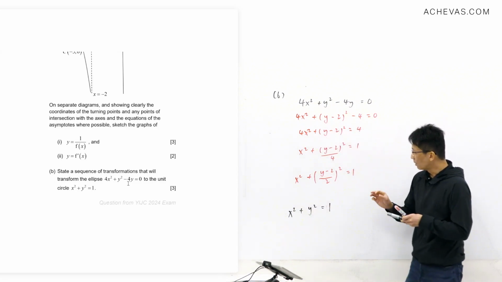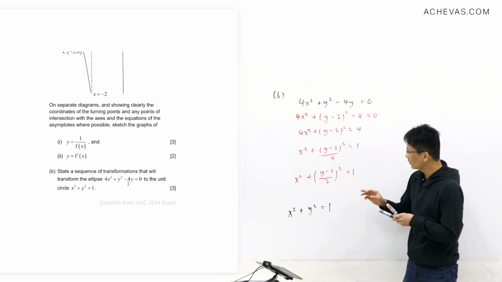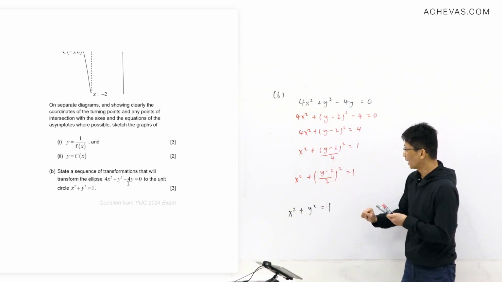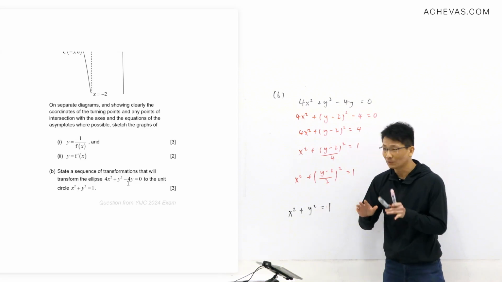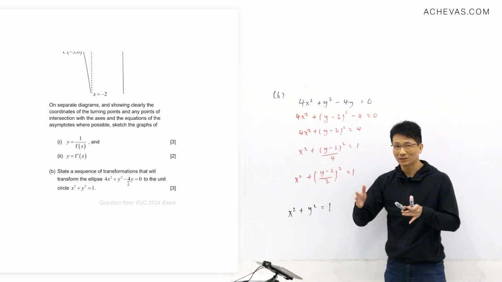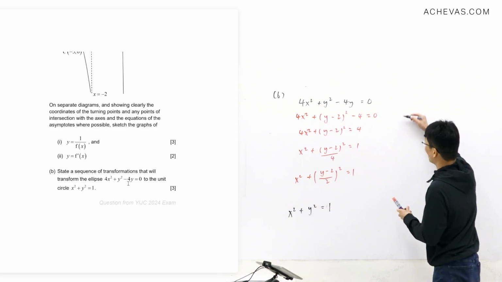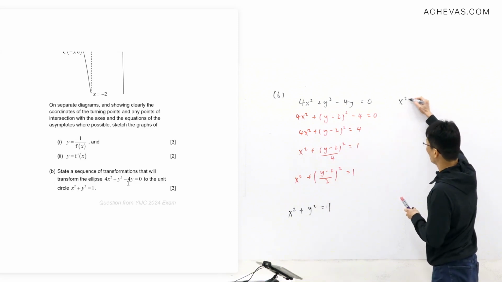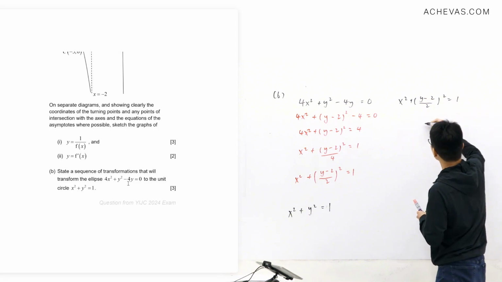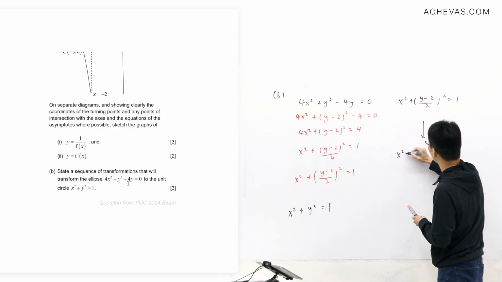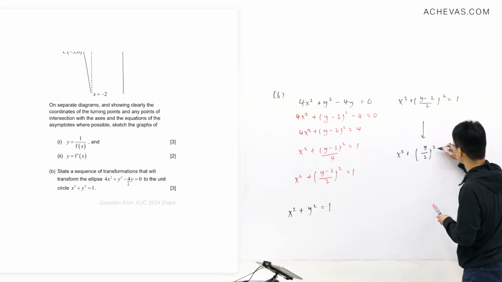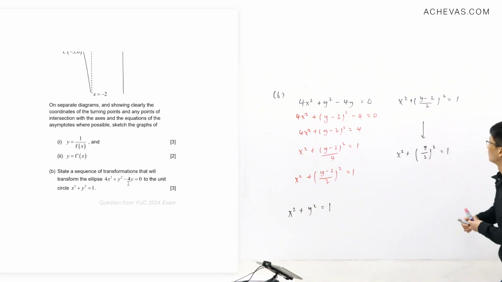So by a bit of observation, I can see that actually I'm only doing transformation for the y direction. So the first thing I will attempt to do is a replacement of y with y plus 2. So when I have x squared plus ((y minus 2) over 2) squared equals 1, and I replace y with y plus 2, I will get (y over 2) squared.